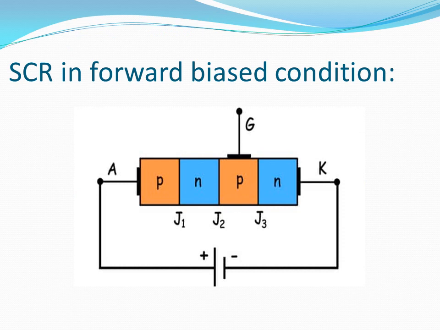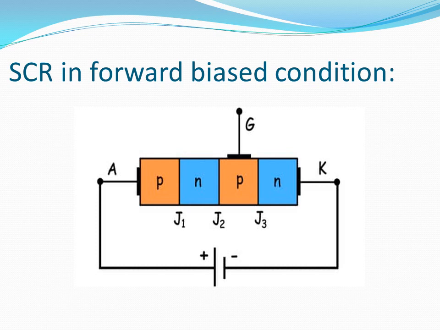Now here we will see the condition when the SCR is in forward biased condition. When anode is connected to positive and cathode is connected to negative, that is positive to positive and negative to negative, under this condition we say that SCR is in forward biased condition.